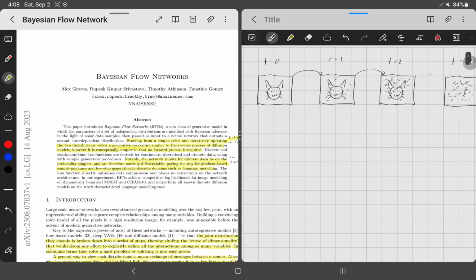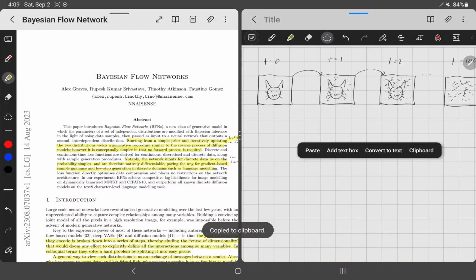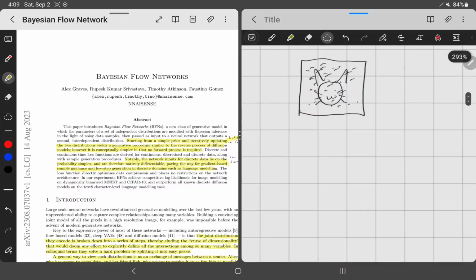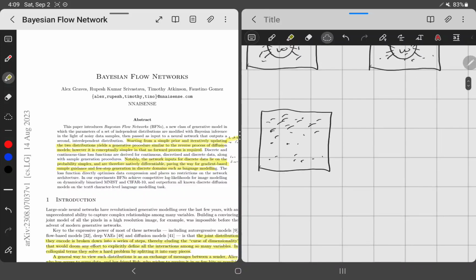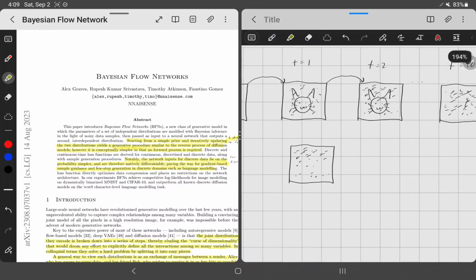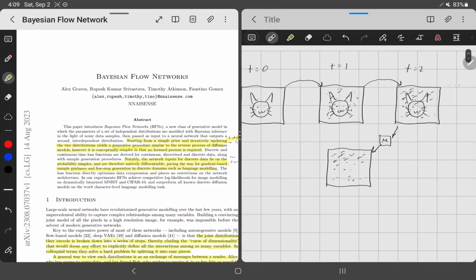So say at time step 2, we give the model this image, and it basically predicts all the noise within this image. So let me see if I can get that. So at this time step, maybe it predicts that. There we go. So we throw this through a model, and the model predicts all the noise within that image.